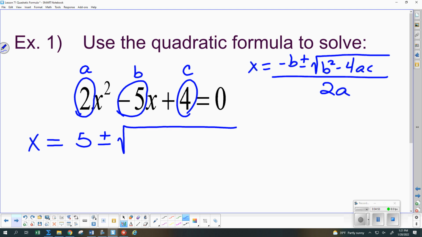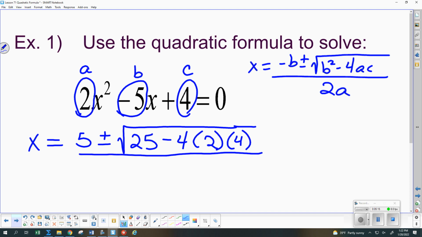You can write negative 5 times negative 5 if you want, or you can think negative 5 squared is 25. Notice it's not negative 25. That's one of the ones I was just talking about. Negative 5 times negative 5 is positive. Minus 4, a is 2, c is 4. I'm going to write that down so I don't get myself mixed up here. All over 2a.